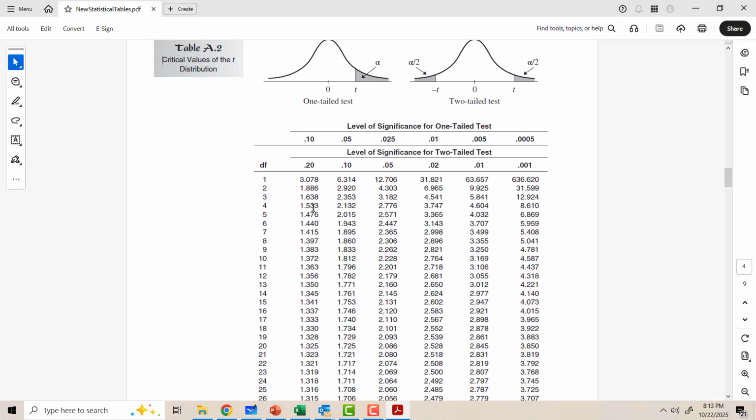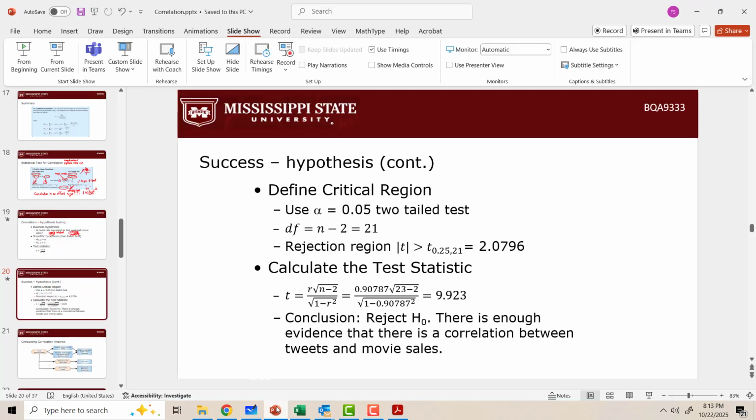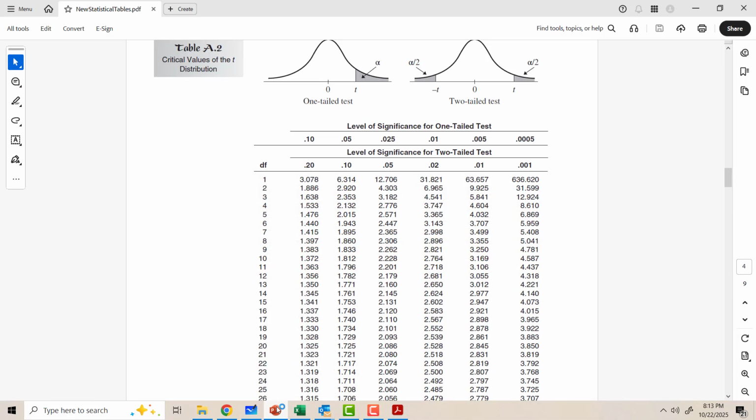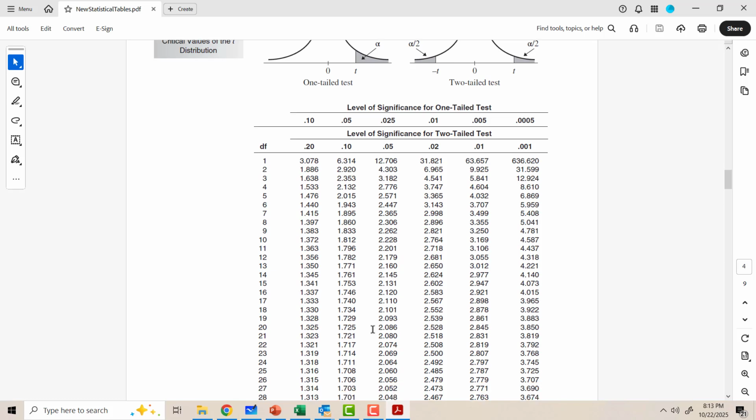Okay, so we're going to do alpha equals 0.05, two-tailed test. So degrees of freedom is going to be n minus 2, which is 23 minus 2, which is 21. So our critical t is going to be 2.08.